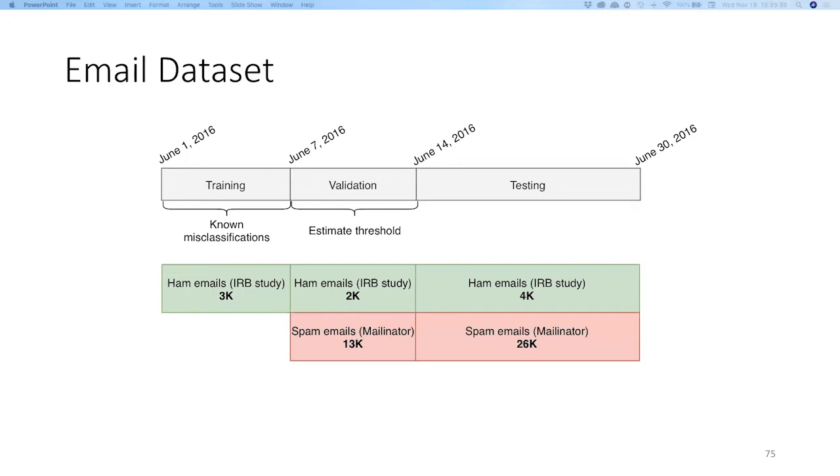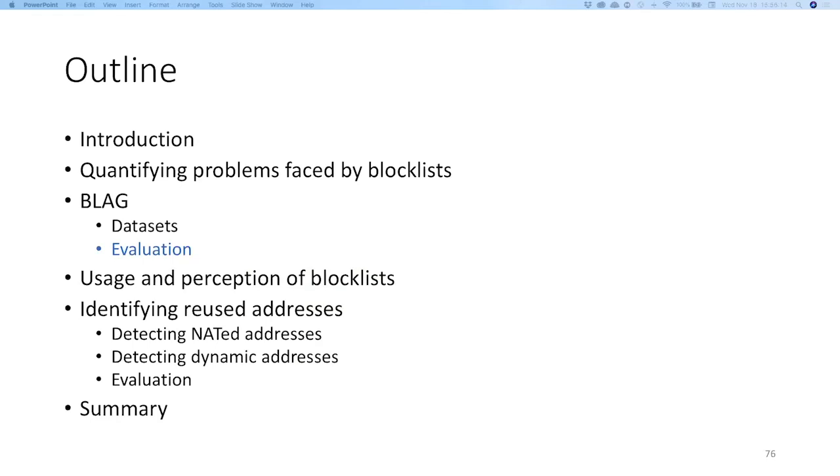Mailinator is an open mailbox, and anybody could just send mails to this open inbox. So we got hold of their API and scraped through multiple inboxes and filtered out the spam emails to identify IP addresses that actually sent the spam. So let's look into the evaluation.